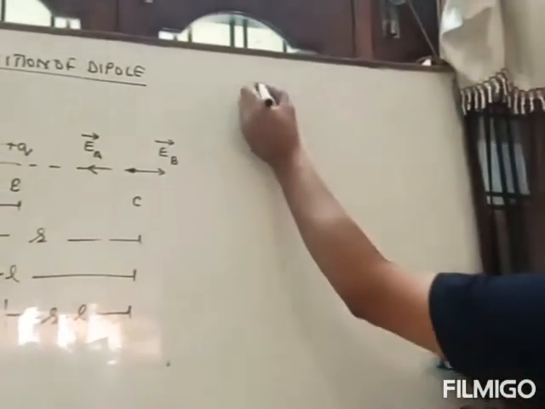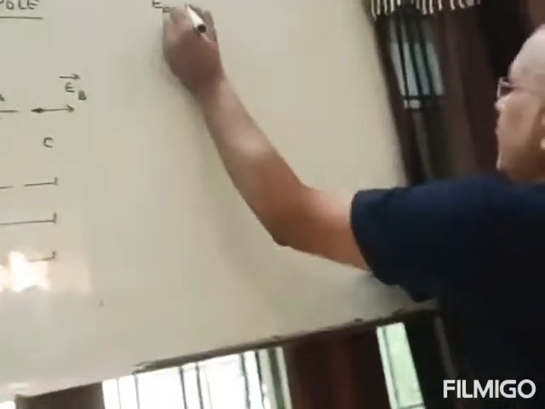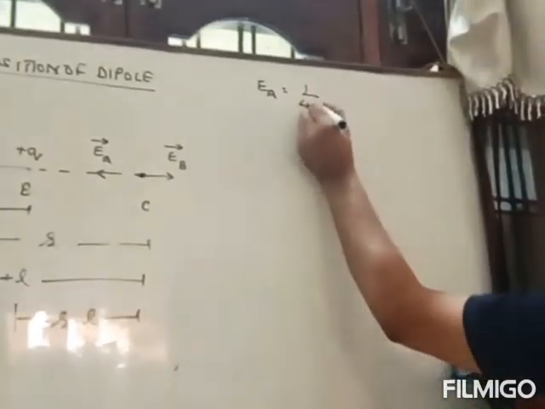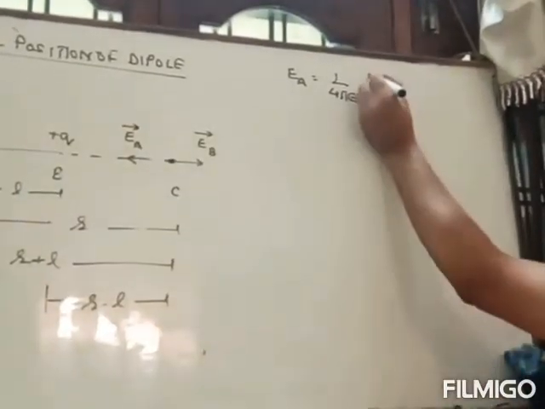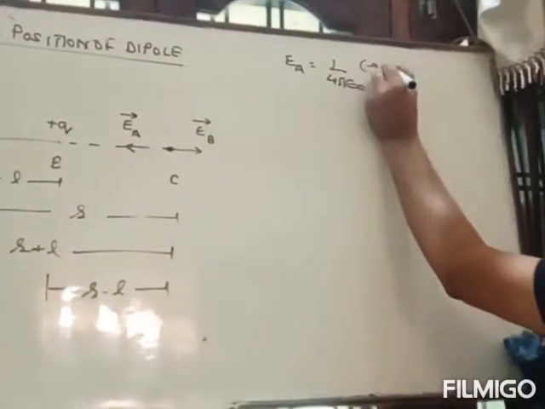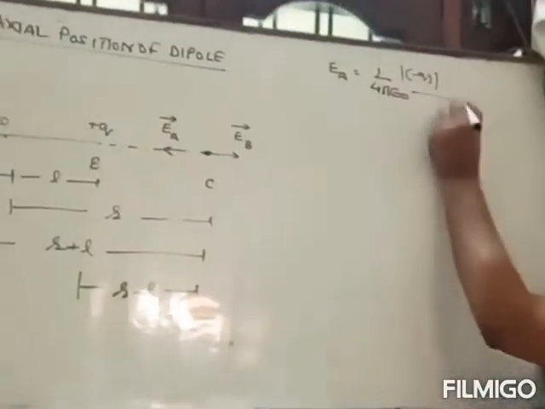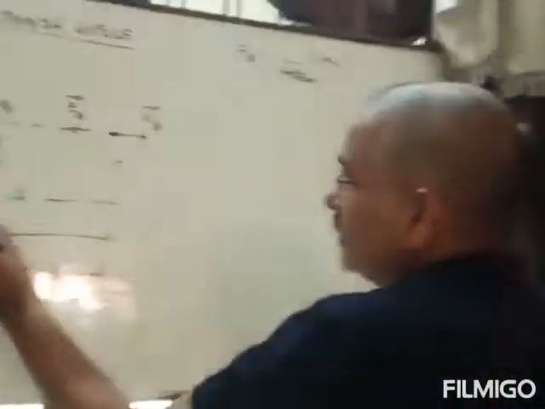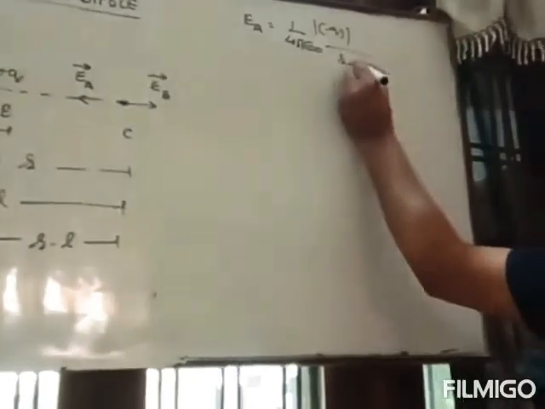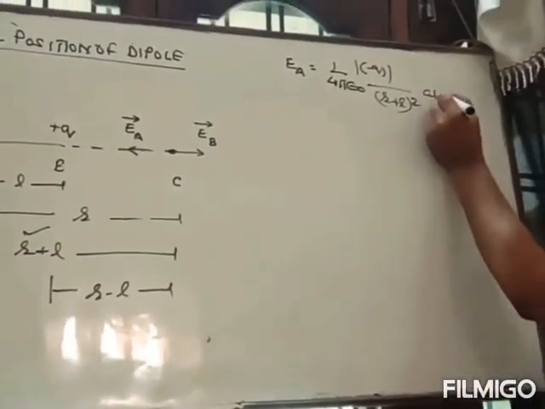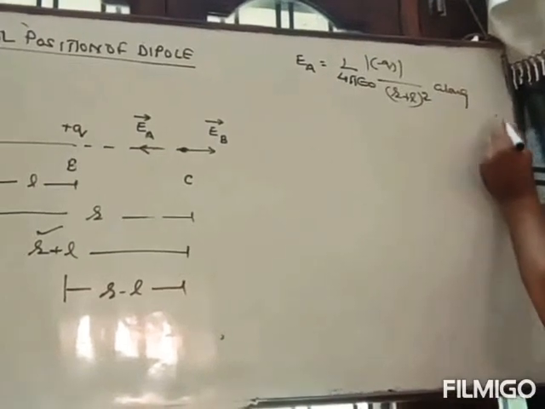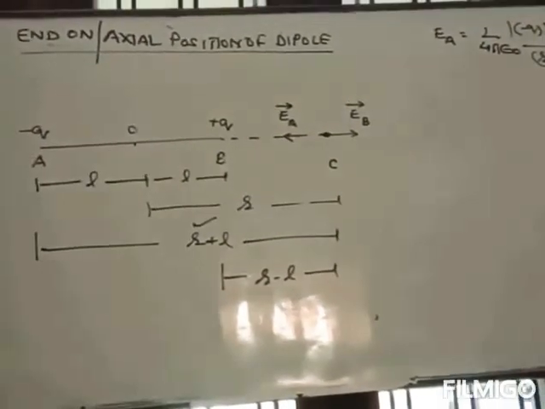Here the magnitude of EA is equal to 1 upon 4 pi epsilon 0 into magnitude of charge, which is Q, by the square of distance, R plus L whole square, along CA.